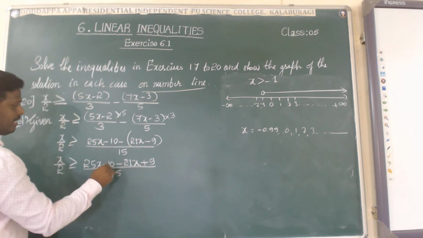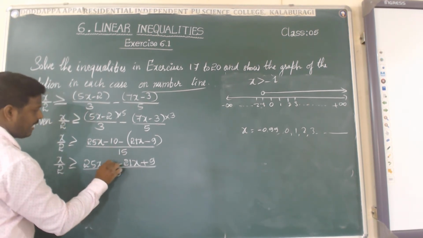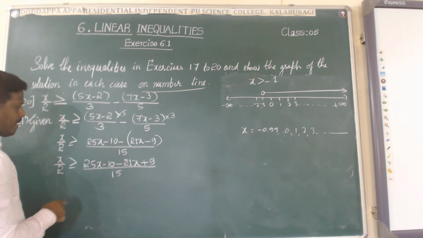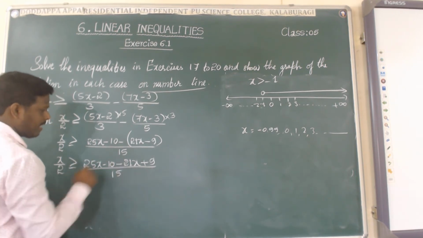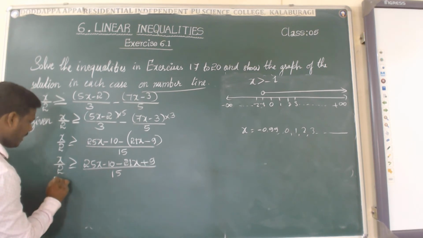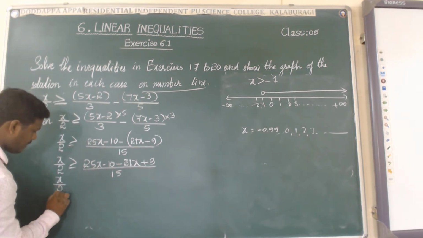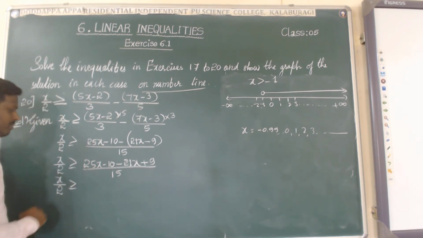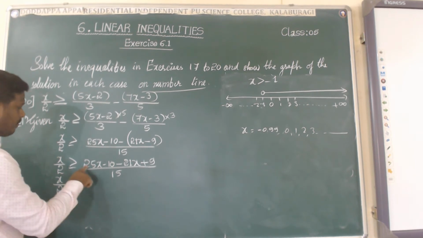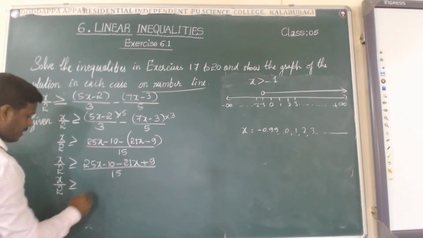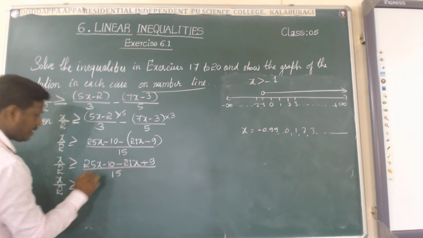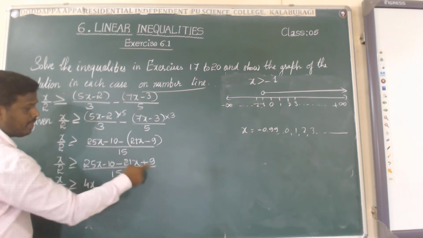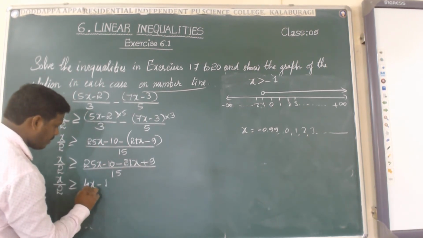In the numerator, like terms we will simplify: it is 25x and it is minus 21x. x by 2 keep as it is, and the symbol also write as it is. 25x minus 21x become 4x, and minus 10 and plus 9 become minus 1, divided by 15.